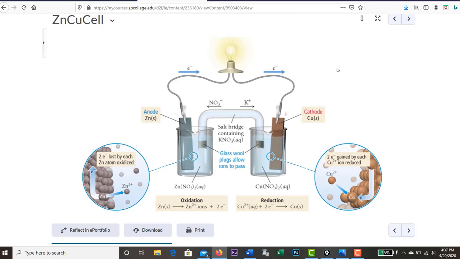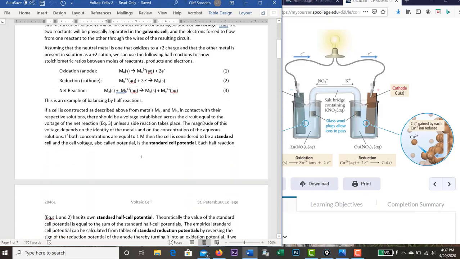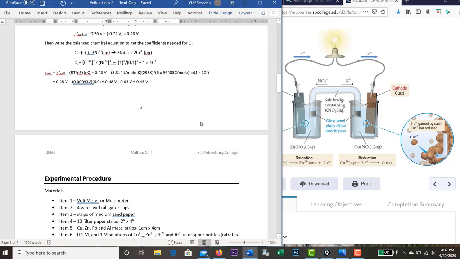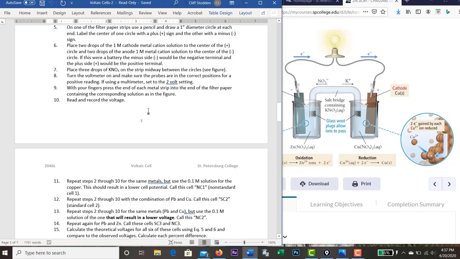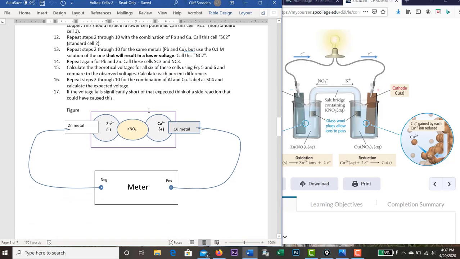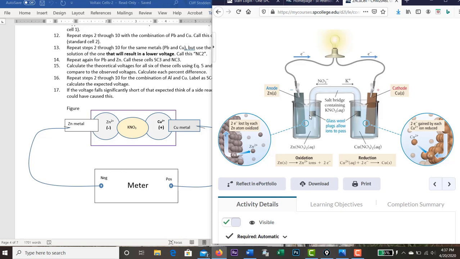However, there's a slight difference. In the lab manual, if you scroll down through all this first stuff, it has an experimental procedure here which takes you through taking some measurements on an electrochemical cell that's similar to the one pictured here, but it's not exactly identical, because the way we were going to do it in the lab was a simplification of this system.